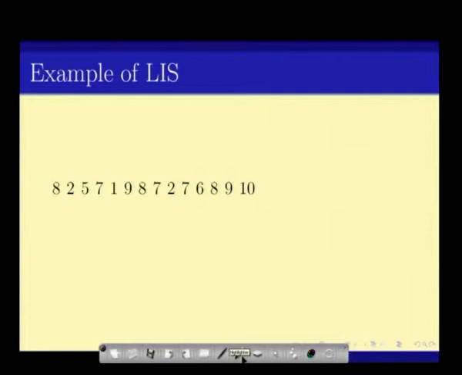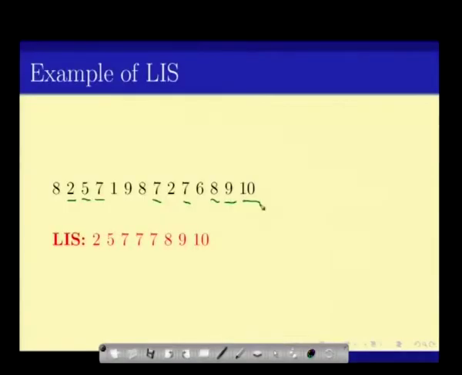Say in this case, the longest increasing subsequence is quite long. It is actually this 8-element sequence. Let us see it: 2, 5, 7, 7, 7, 8, 9, 10. This is the longest increasing subsequence.